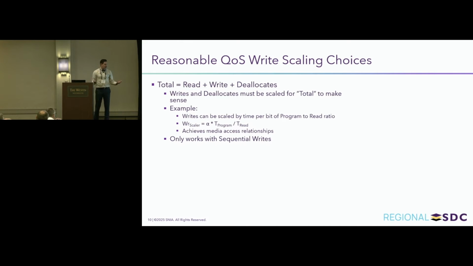Every SSD vendor, every generation is going to be a little bit different, but I think it makes sense that you can quantify a write scaler here that would be proportional to your program time and read time per bit. That only works with sequential writes.